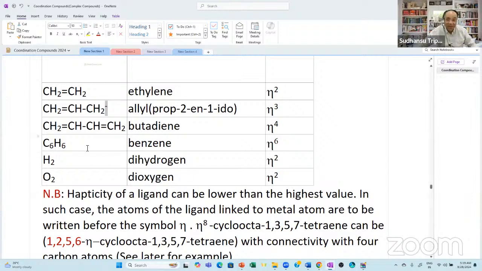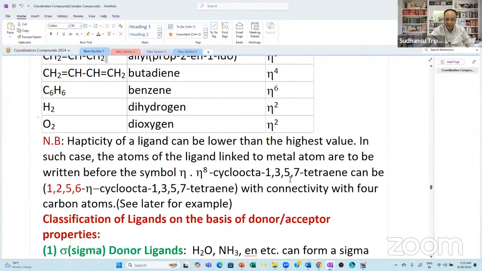Benzene: all the 6 carbon atoms can be simultaneously coordinated with very peculiar bonds with the central metal atom. Dihydrogen has a sigma bond, but both hydrogens can be coordinated by typical bonding with the central atom. It's dihaptic. Dioxygen is dihaptic.